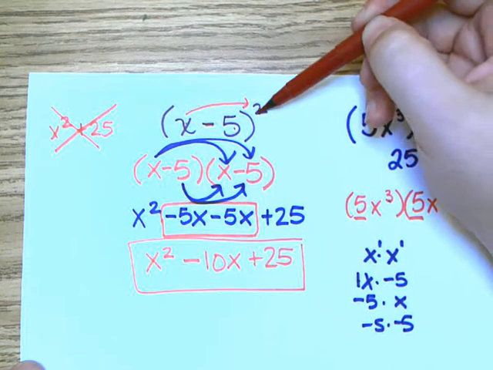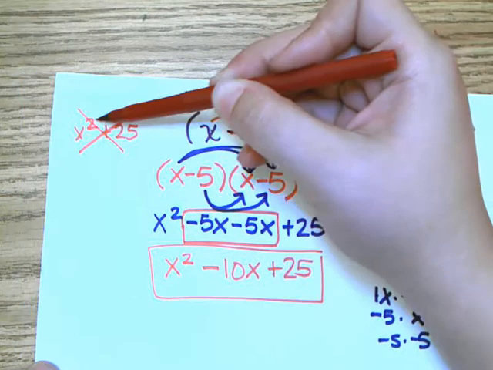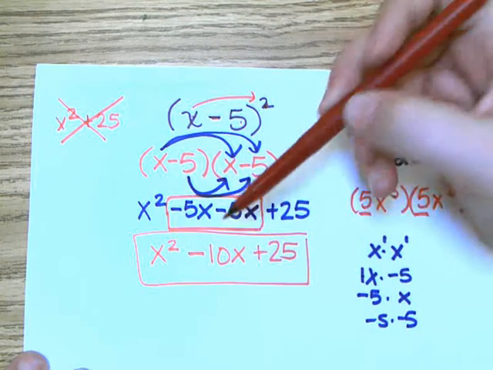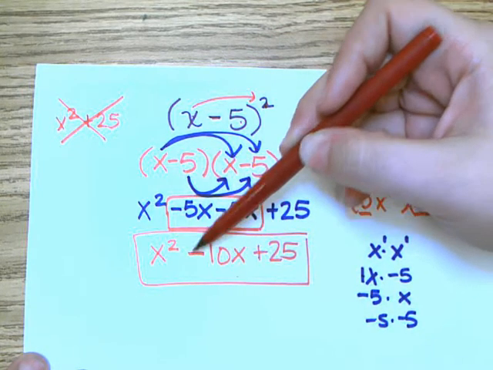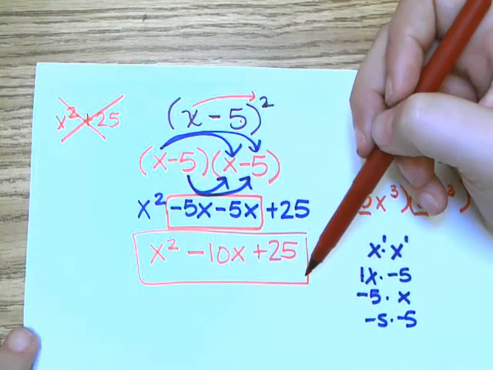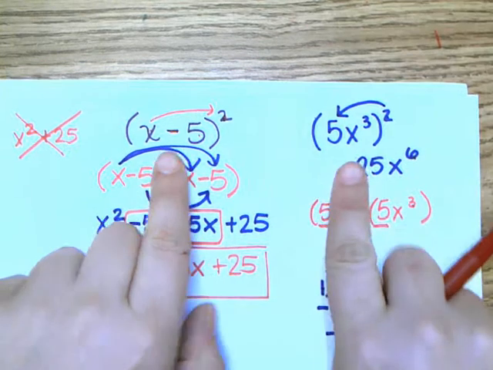And then we can combine our like terms here. That makes negative 10x. Bring down the 25, bring down the x squared.